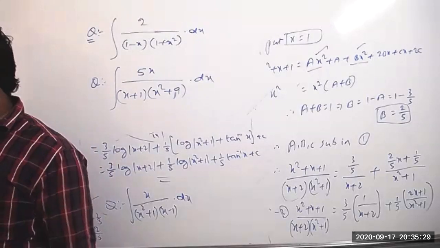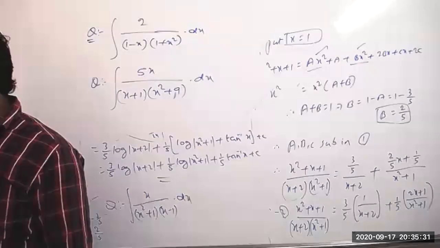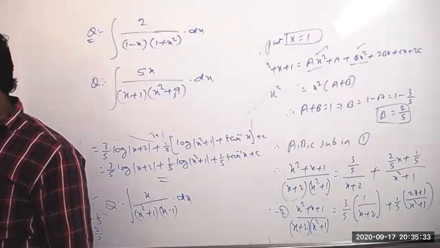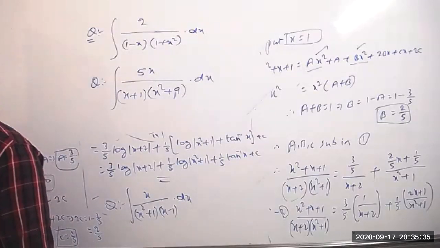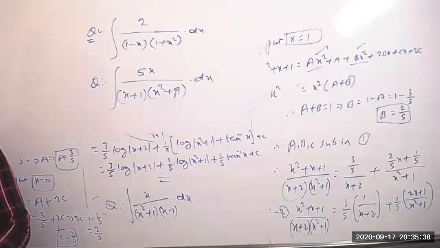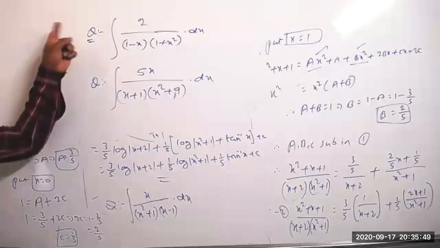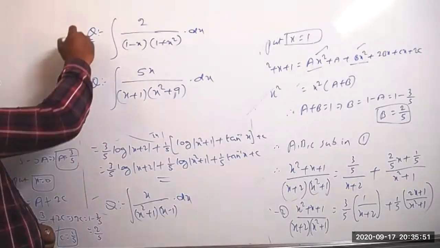Because it is for 25 marks, but we are not covering all. That is the reason I'm telling you. The mean value theorem and Rolle's theorem you can leave. That one I'll give in the whole chapter test. These two questions you can try yourselves, all of you.